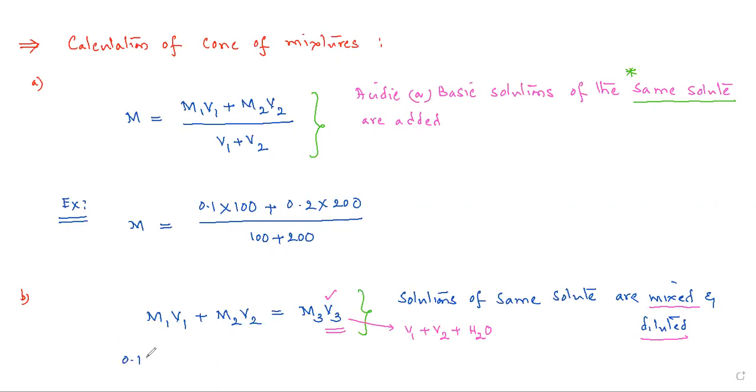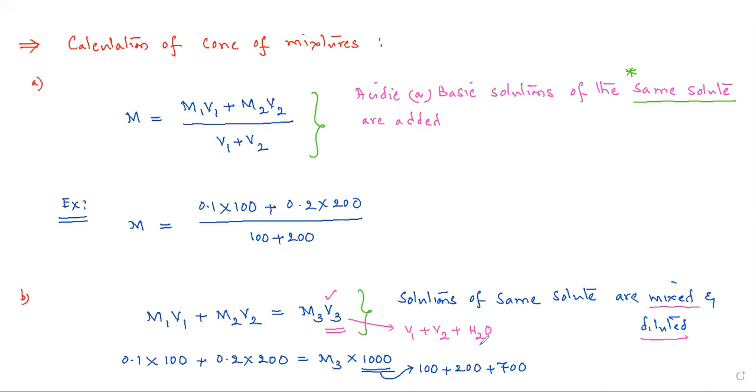Now supposing you have added the same two solutions and the final volume is made up to a liter by adding 700 ml of water. Look at this. So this is 100 plus 200 plus the 700 ml of water we have added.